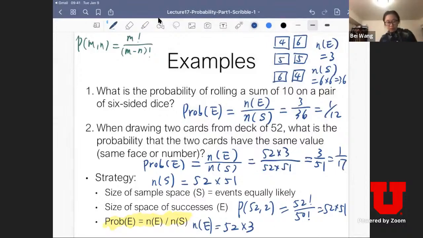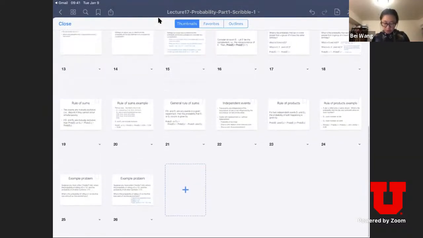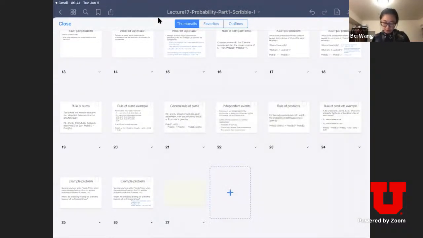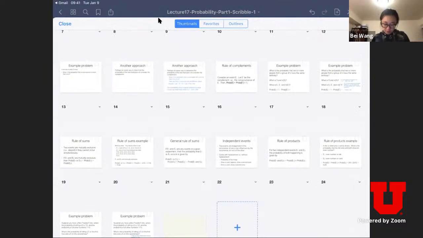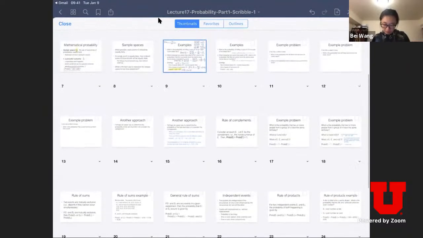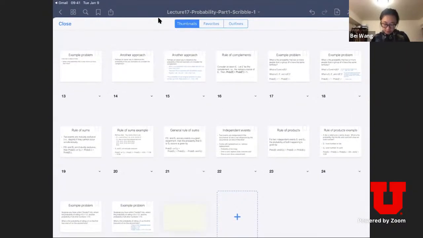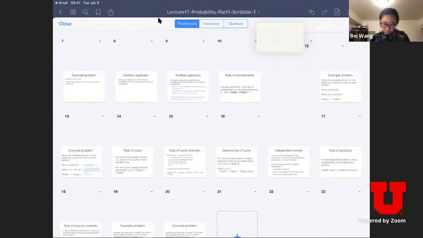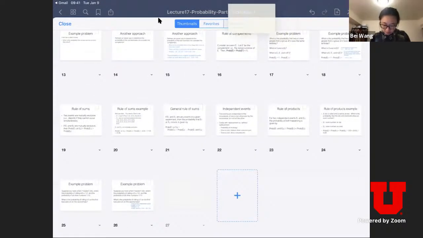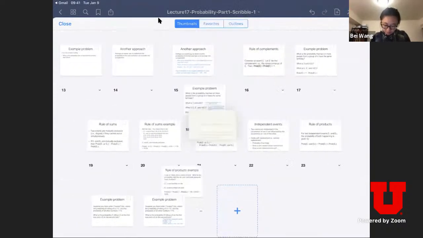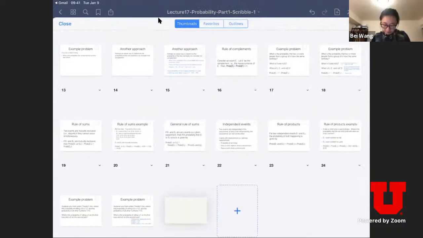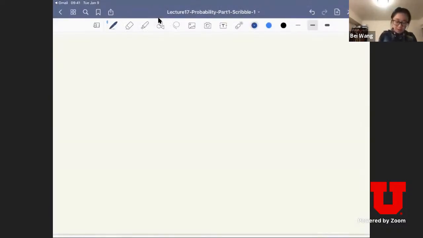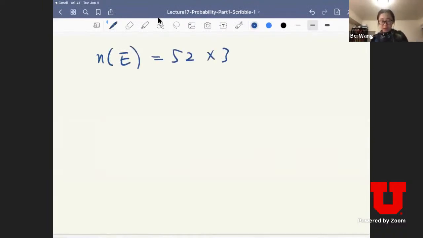Okay, so let's dive a little bit deeper into the question of how do we actually arrive, for this particular example, at the number of events being equal to 52 times 3. Let's think about this more carefully.